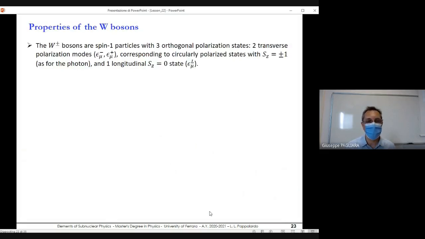Now let's characterize even more the decay modes of the W into all possible final states. The W's, first of all, are bosons with spin 1, so vector bosons, and they come with 3 orthogonal polarization states. 2 are transverse polarization modes, corresponding to circularly polarized states in one direction and in the opposite, and the other is a longitudinal polarization state.